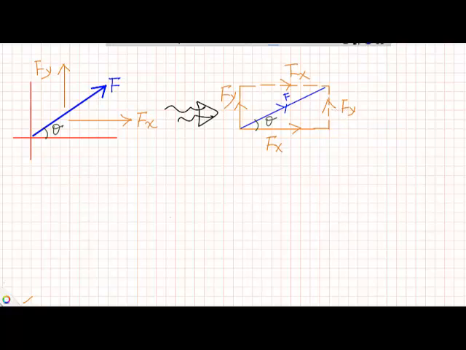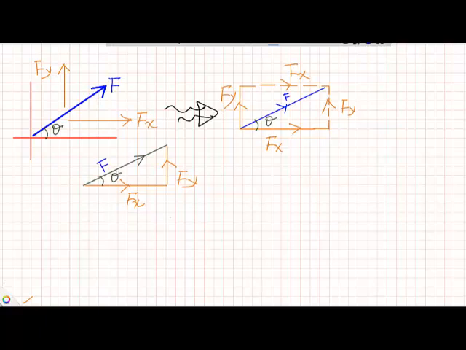Back again to this. This is Fx and this is Fy, and of course the force itself, F. And of course we would like to make sure this is theta, because this will play an important role.